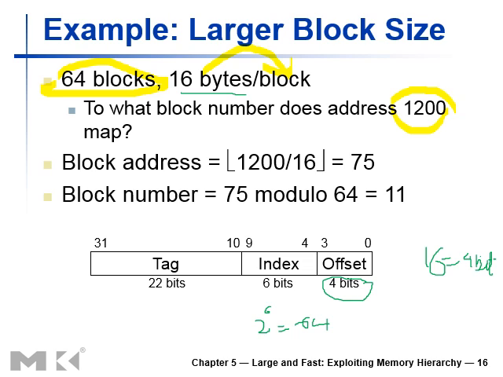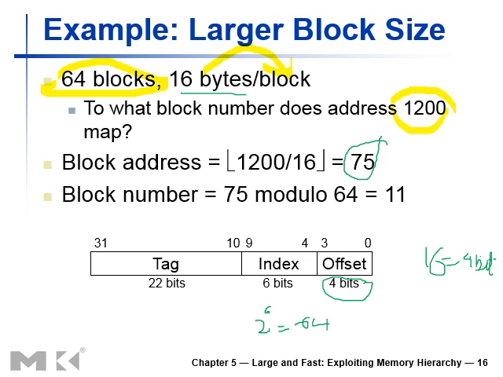Now let us see which location a block address maps to. What we used to do is divide the address by the total number of bytes in a block. So 1200 divided by 16, and we take the quotient, which is basically 75. So block number 75. Next, we have to know which location that block maps to.